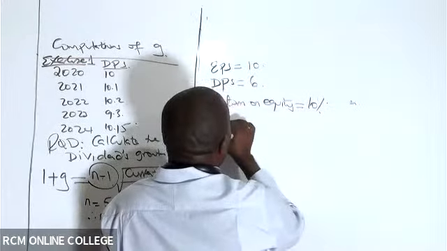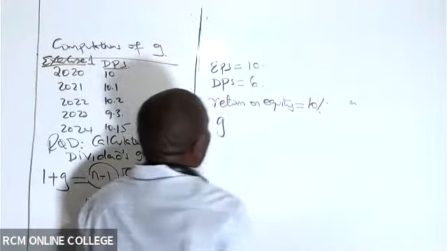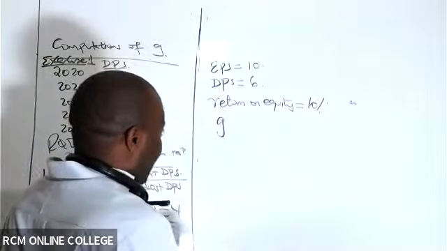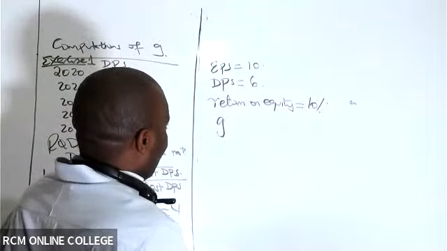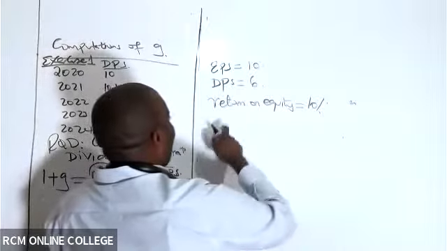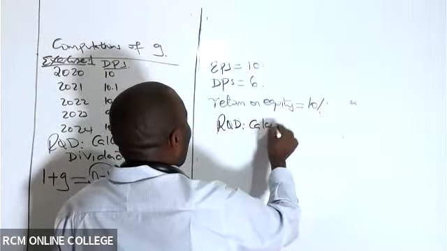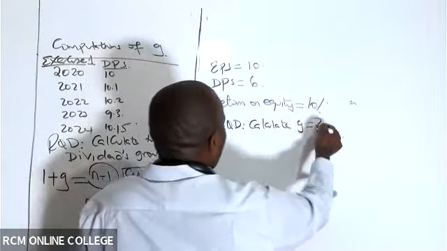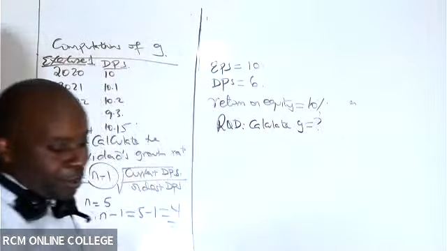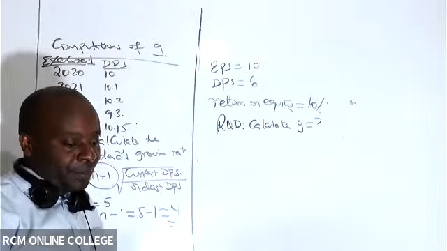We are required to calculate G, which is the growth rate.